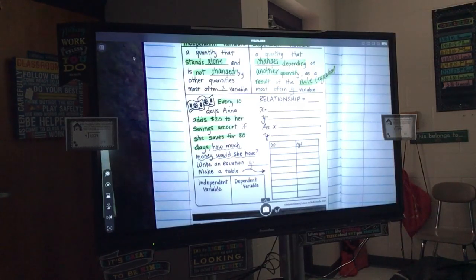Yes, the days would be because for every 10 days, it would just. We haven't wrote the. Oh, the independent one? No, we have not even wrote the equation. Oh, okay. He did. Guys, you're not filling anything out at all. You're just having a conversation about what you think the equation might be.